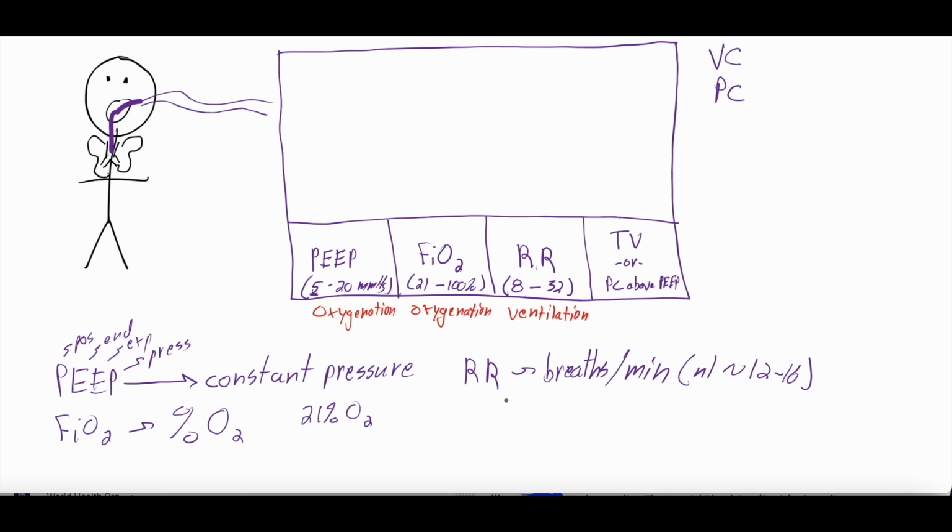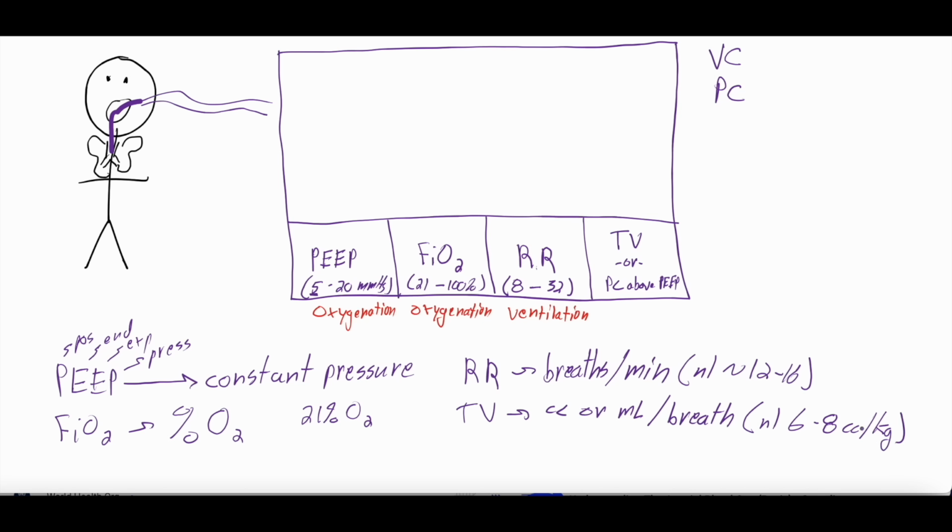All right. And then the tidal volume is how many cc's or milliliters of this FiO2 you sent that the patient is getting per breath, right? So for the tidal volume, most people go by cc's per kilogram of body weight. So normal is going to be 6 to 8 cc's or milliliters per kilogram of ideal body weight.